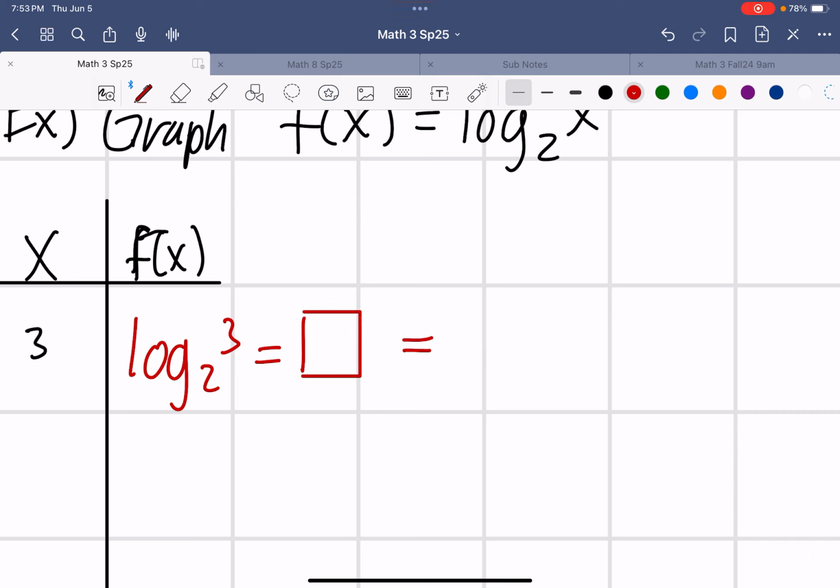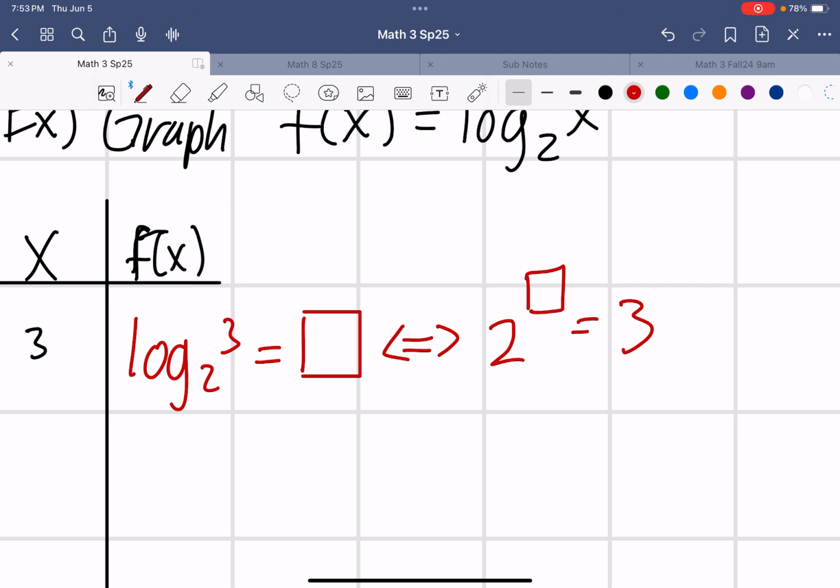But like I said, what I can do is rewrite it into that exponential form. When the base is 2, the exponent goes here, and then the argument is 3. But if you notice here, I don't know what power of 2 will give me 3.